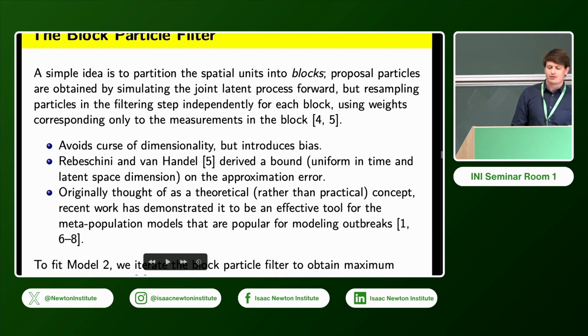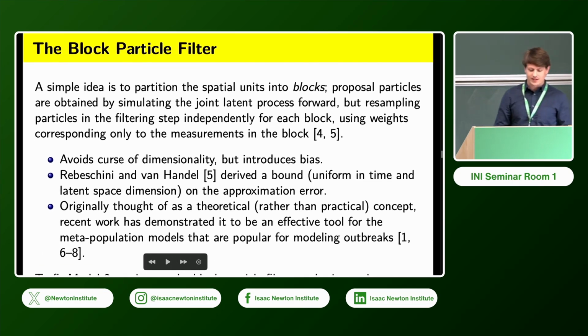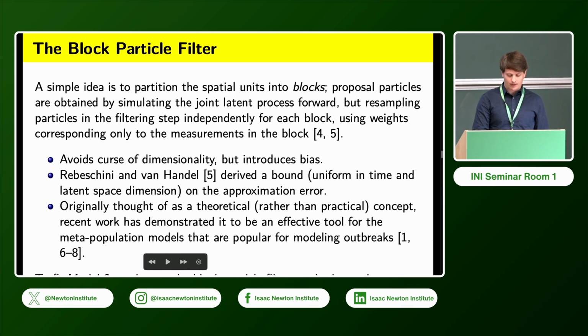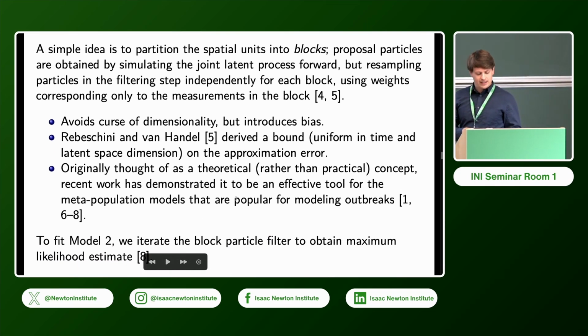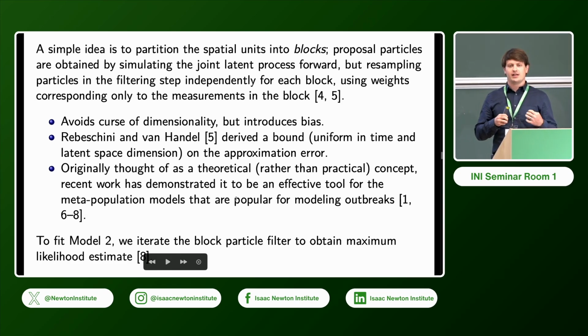So briefly, I want to introduce the block particle filter. This is an algorithm that was developed by a group before this study, and the idea is that you can partition the spatial units into separate blocks based on this idea of decaying correlation, right?